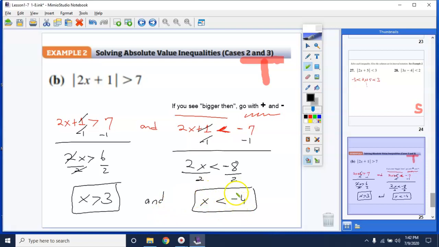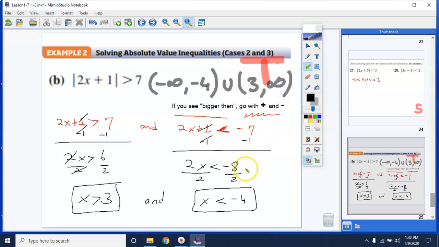I'm going to do this: x less than negative 4 means negative infinity up to negative 4, and then combine with a union, which means and, x bigger than 3. Put that 3 and it goes to infinity. That's how we write in interval notation.